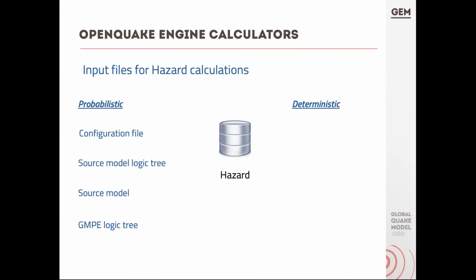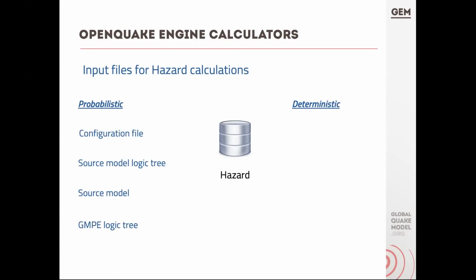If I have a classical calculator, I will need the source model logic tree. Michael already talked in detail about what the source model can have. Then I will need the sources themselves. So that's the source model. And then we will need the GMPE logic tree file, which tells me which ground motion prediction equation I should use based on the tectonic regime.